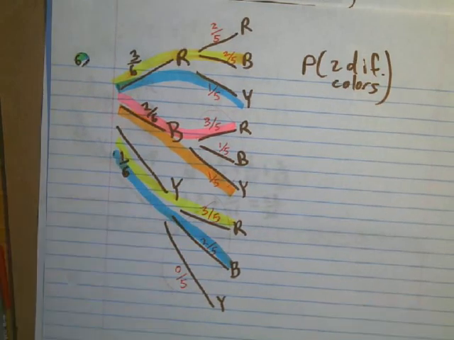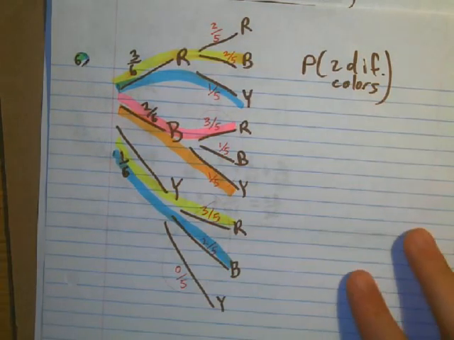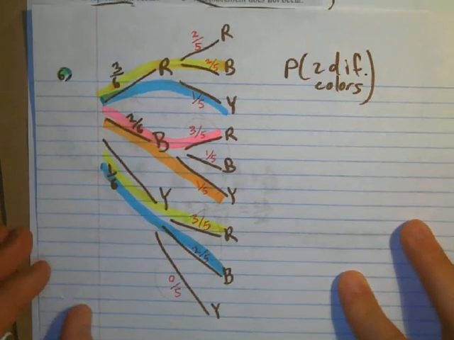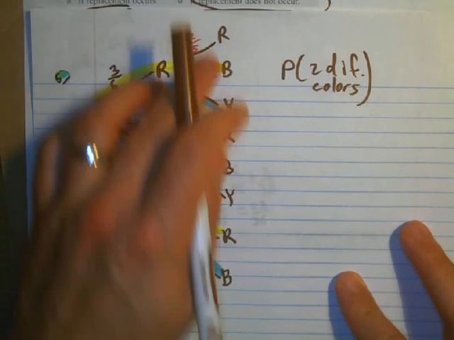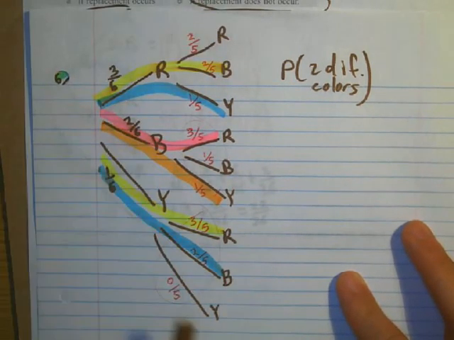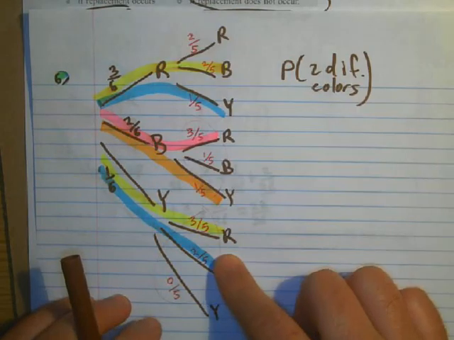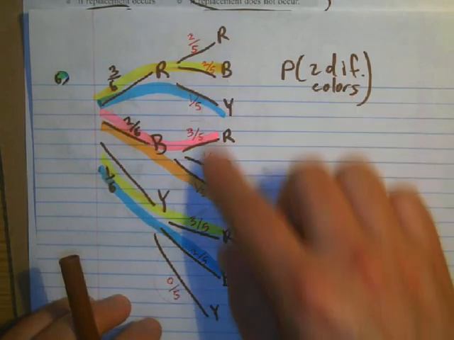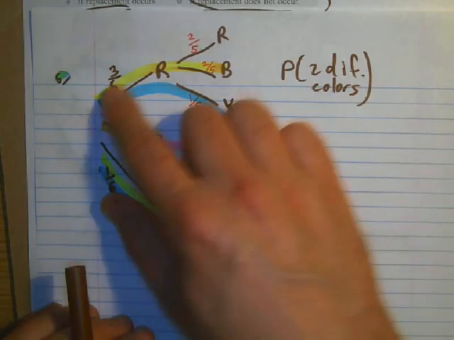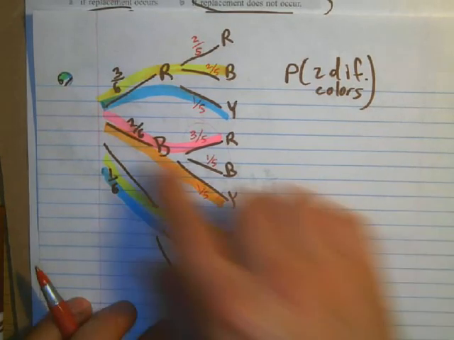So we have 6 different things to add up, and our denominator is going to be different than the previous one, because when you do it without replacement, you've reduced the number of marbles, and the denominator is now 5 on all of these. So let's get all these together.